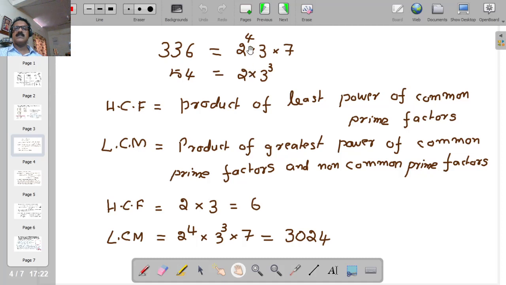So the greatest is 4. So we take 2 raised to 4 times 3 raised to 3. We know that the power of 3 in 54 is greater than the power of 3 in the factorization of 336. So we multiply 2 raised to 4 times 3 raised to 3 times 7, which will be the LCM. LCM is the product of the greatest power of common prime factors and non-common prime factors. So the answer is 2 raised to 4 times 3 raised to 3 times 7, which is equal to 3024.